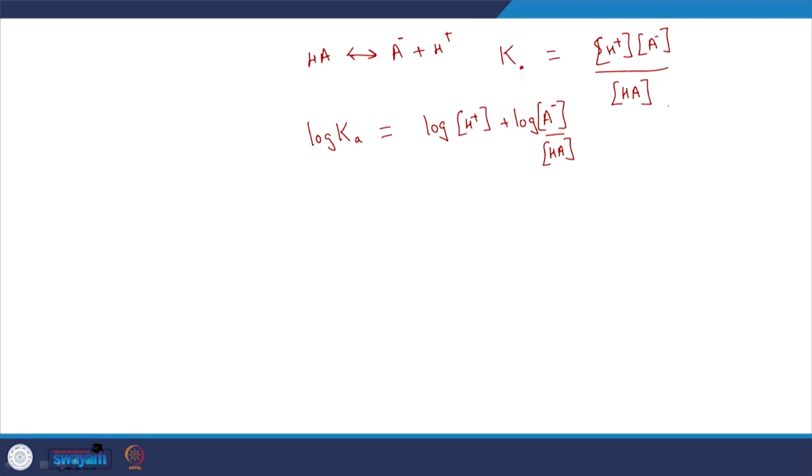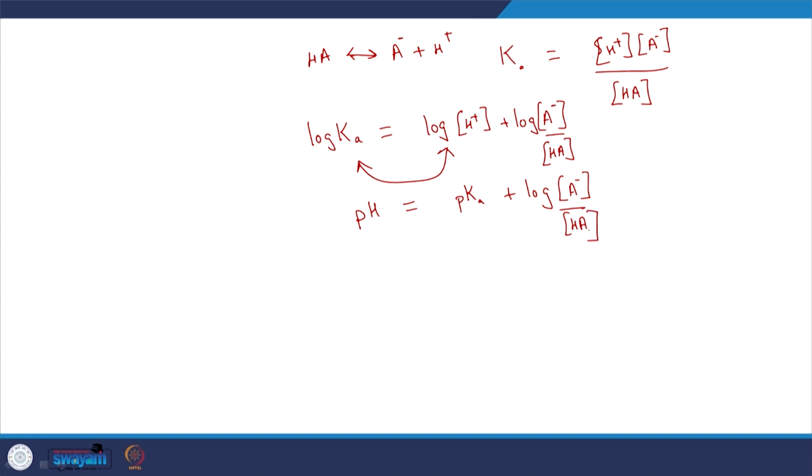I am not taking the log of the ratio apart because I want to leave it as a ratio. If I swap these terms, this will become minus log H plus and this will become minus log Ka, but minus log H plus is pH. So, I know that pH is equal to minus log Ka, which is pKa, the acid dissociation constant, plus log of A minus by HA.